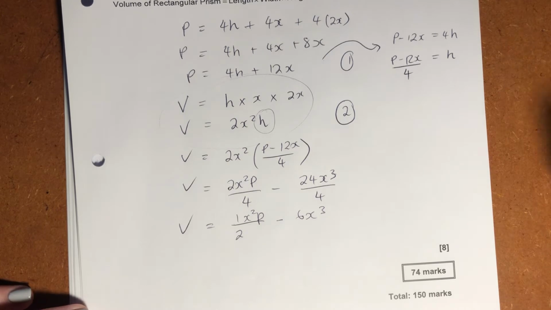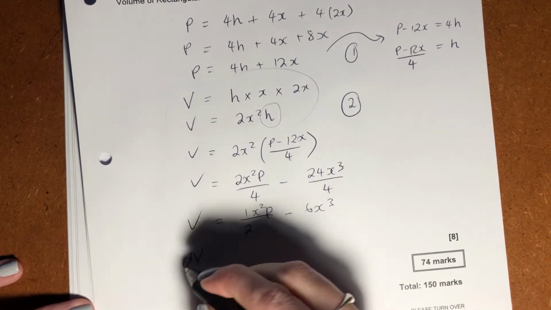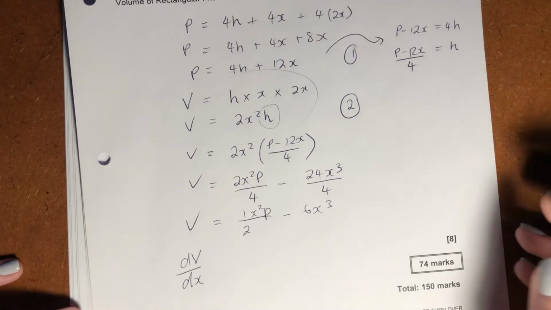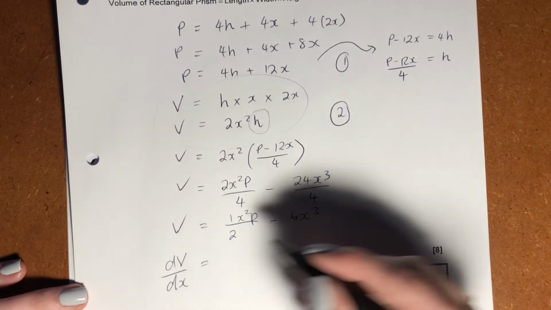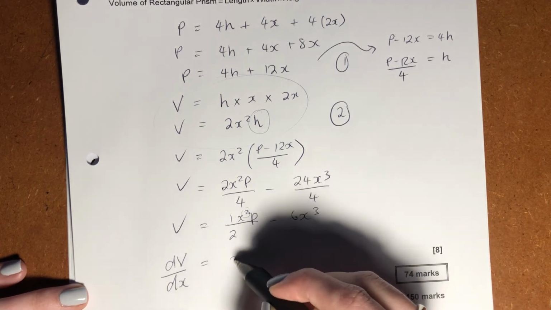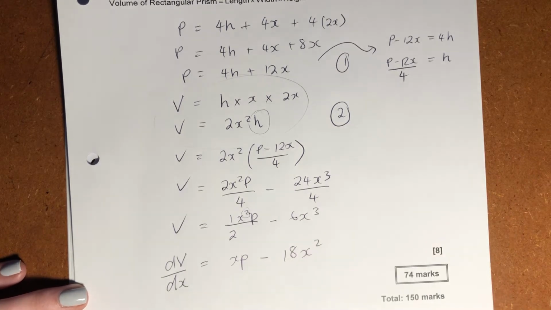So now I have my volume, I have it in terms of x and p, fantastic, but I'm going to get the derivative in terms of x, right, because x is what I'm looking at, the length is in terms of x, but we want to do it in terms of p. So we're going to get the derivative, so do the shortcut there, so it becomes xp minus 18x squared.